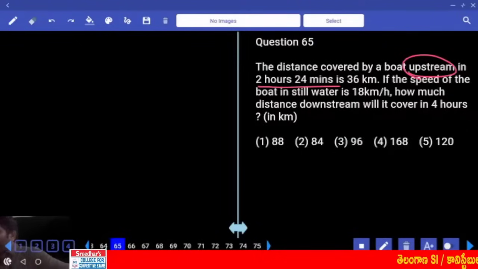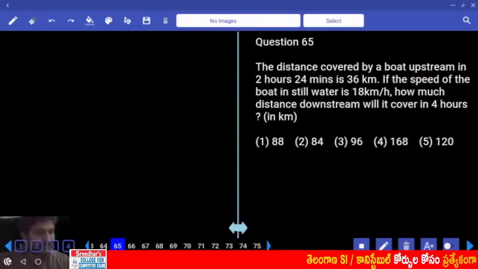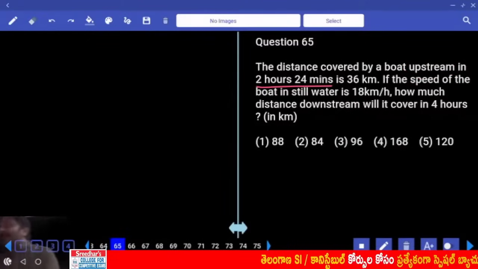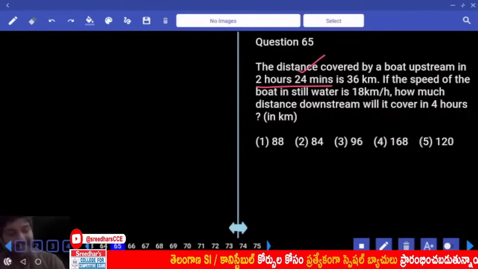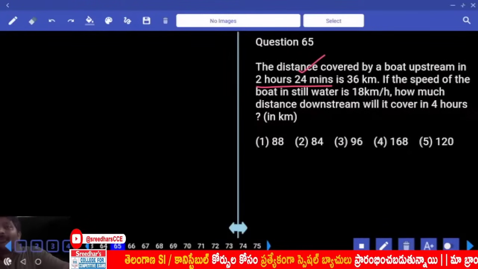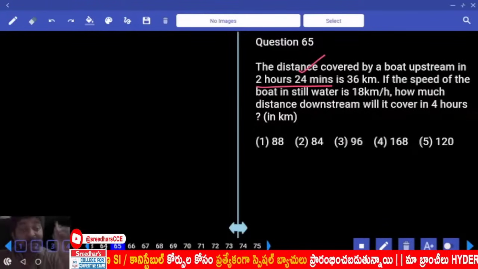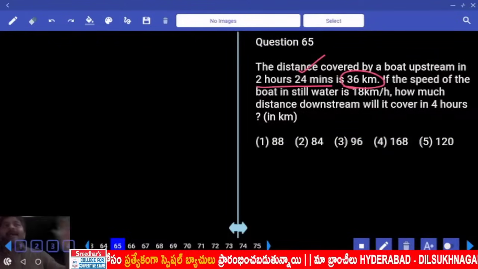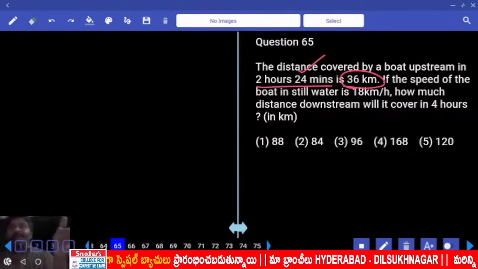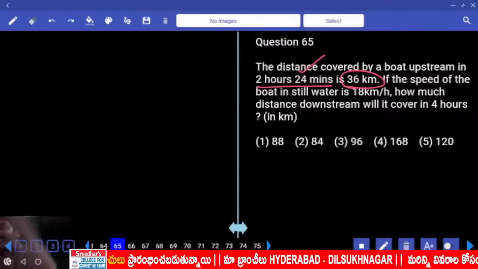So many times I've told you, don't use formula, convert into 60 minutes. Every time with blank faces you are seeing. So here how many minutes are there? Let me calculate. 2 hours, 120 plus 24, 144. In 144 minutes, how many kilometers covered? Now our agenda is to identify the relation between 144 and 36.